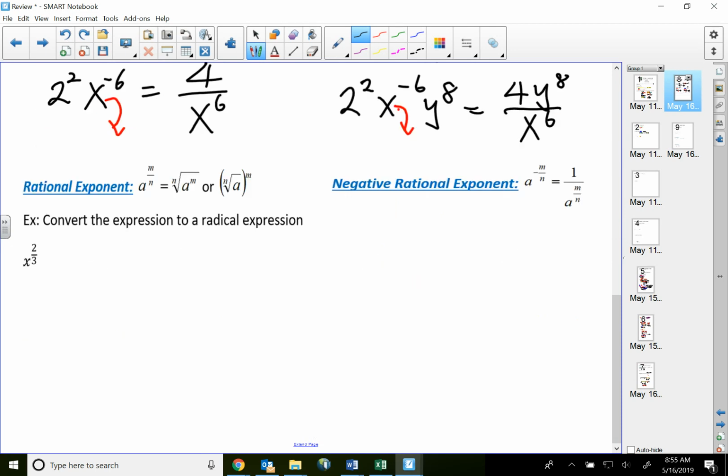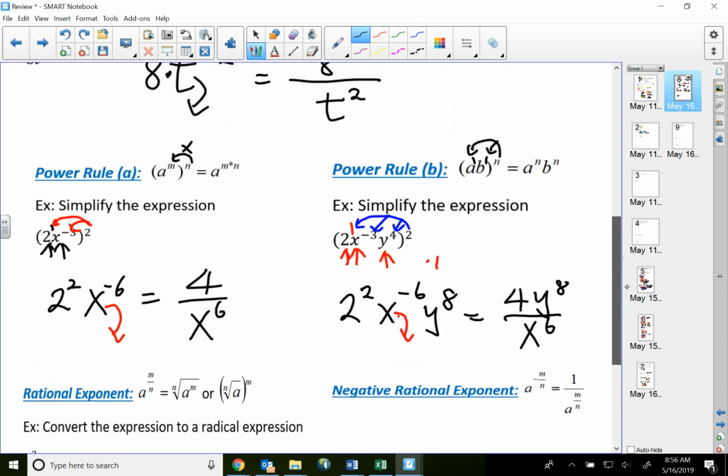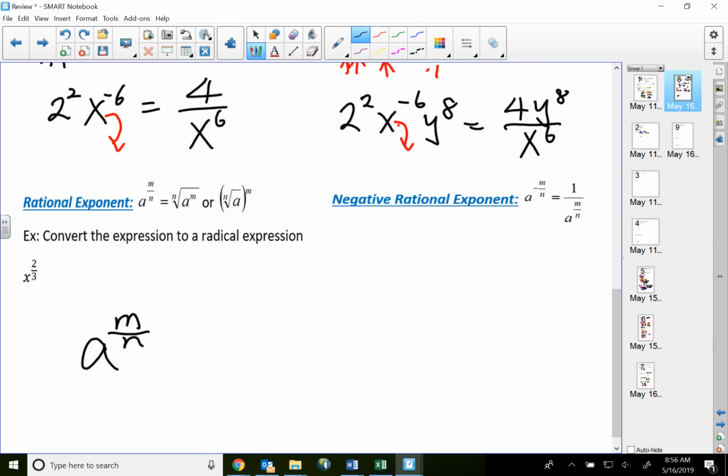All right. Let's review your rational exponents. Rational exponent means my exponents are fractions. All the other exponents I've been showing you are integers. For any real number a to the m over n, the fraction exponent converts into a radical.